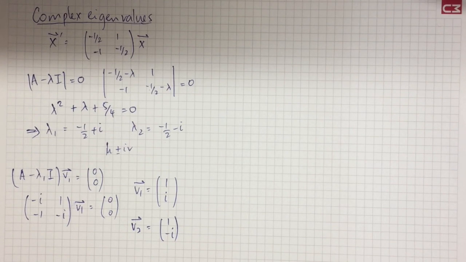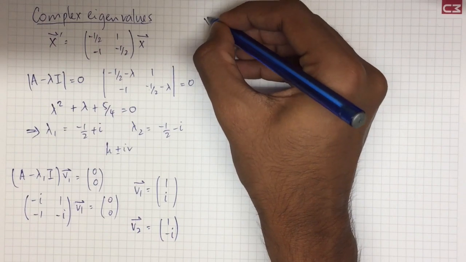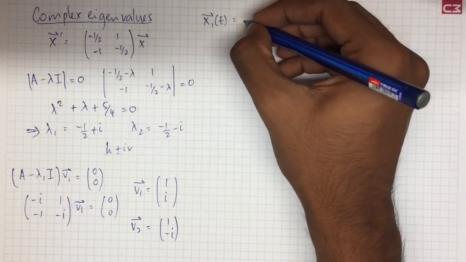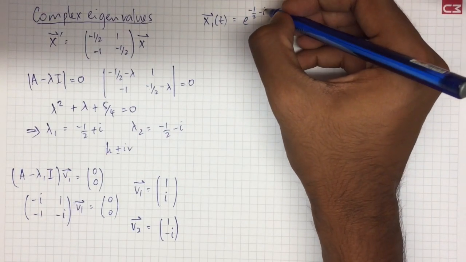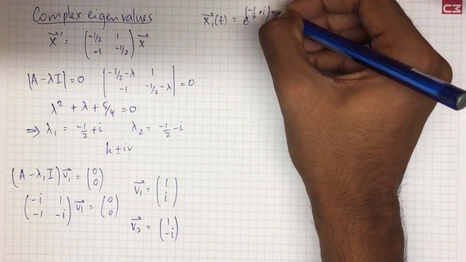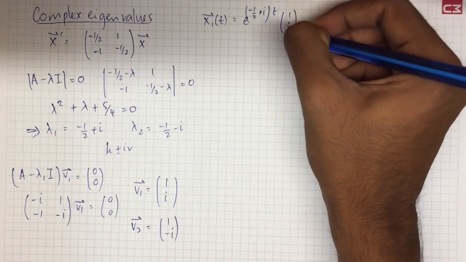Now we have both our eigenvalues and eigenvectors. Now we can go about forming our solution. If I take the first one, my x1 of t would be e raised to the power minus half plus i, times t, times the corresponding eigenvector.